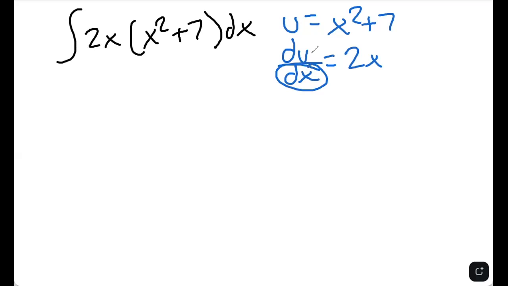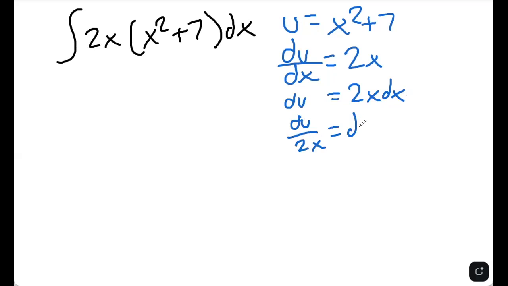You can treat du/dx like it's a fraction, although it's not technically a fraction. I'd multiply by dx, and then divide by 2x. Exactly. du over 2x equals dx.